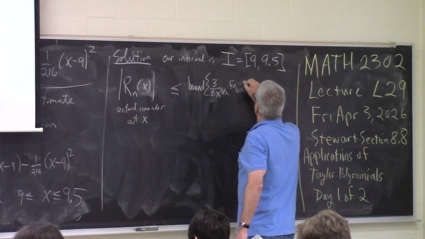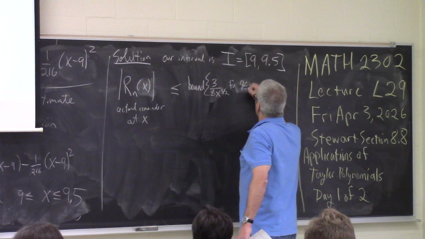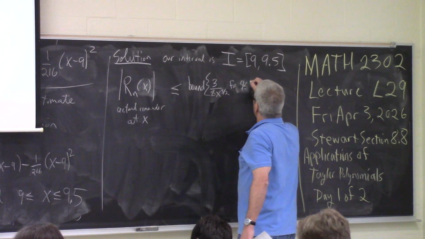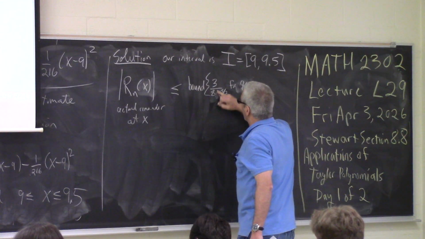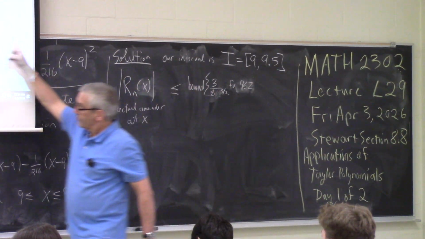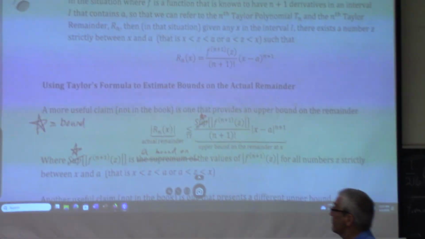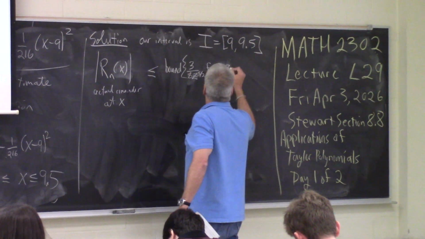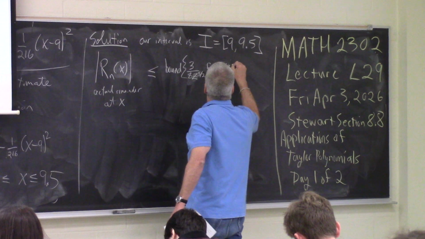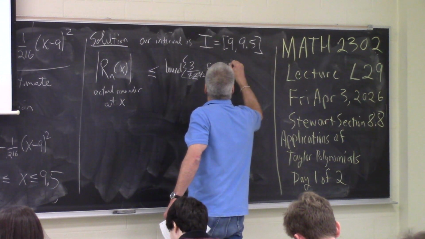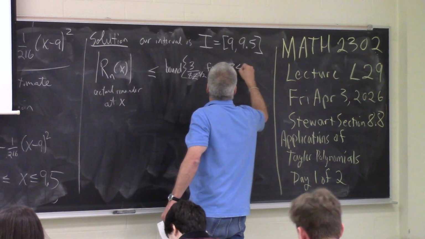Actually, I should put z here because that's what's used in this formula. So I'm going to look at some z where z is between 9 and 9.5.